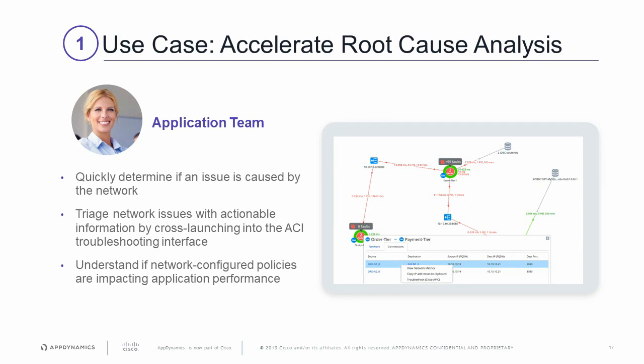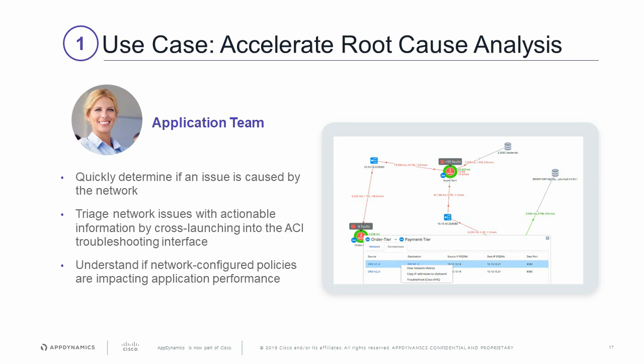The first workflow is from an application operations persona's point of view, where you want to determine whether the issue is caused by the network or not, and if it is caused by the network, how do I hand it over to the networking team, the ACI team, with the relevant context?